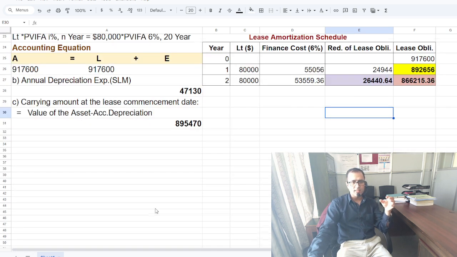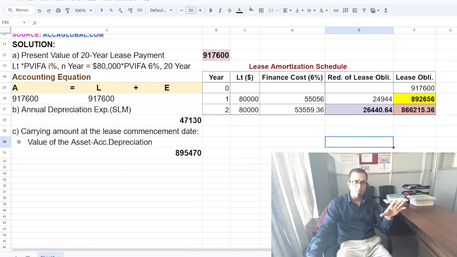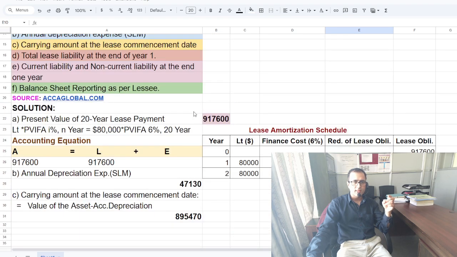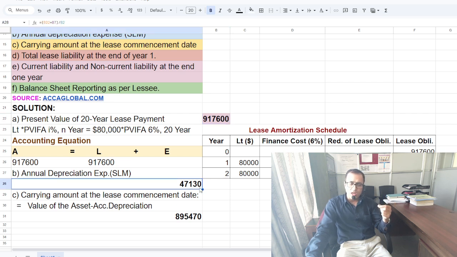Now the last question is the balance sheet reporting as per the lessee. In the balance sheet, we have the present value of the lease payment, that is 9,17,600. So in the balance sheet there is a lease asset. We have to exclude the annual depreciation charge we have just calculated, that is 47,130.